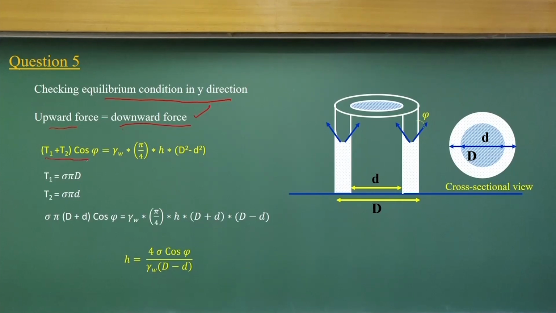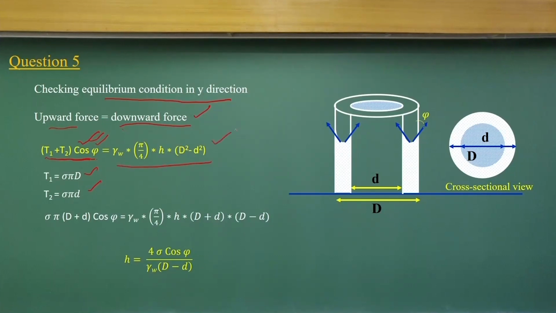The upward force is the surface tension force acting on the two different diameters, and phi stands for the contact angle, which gives us the vertical component as the upward force.